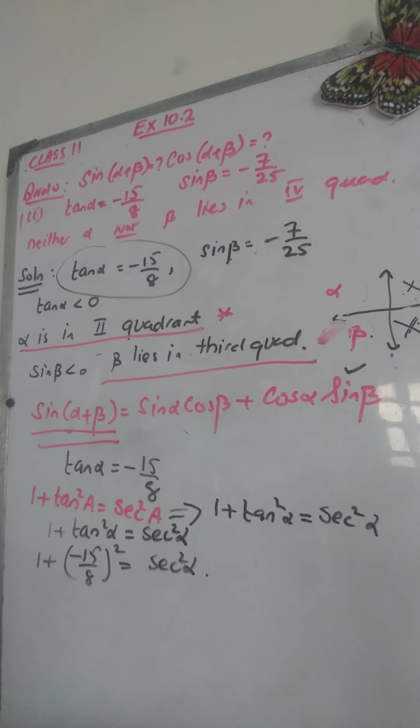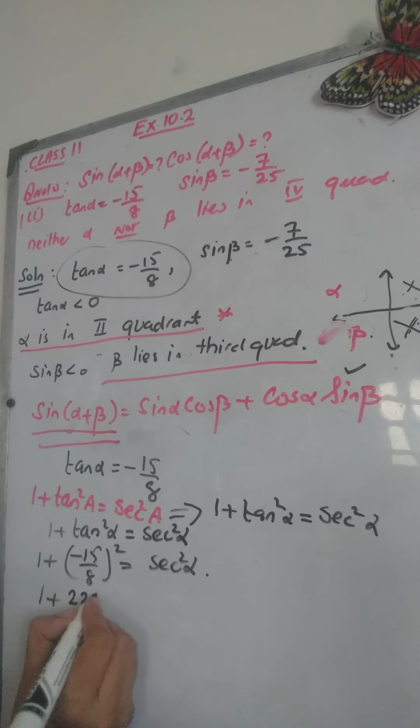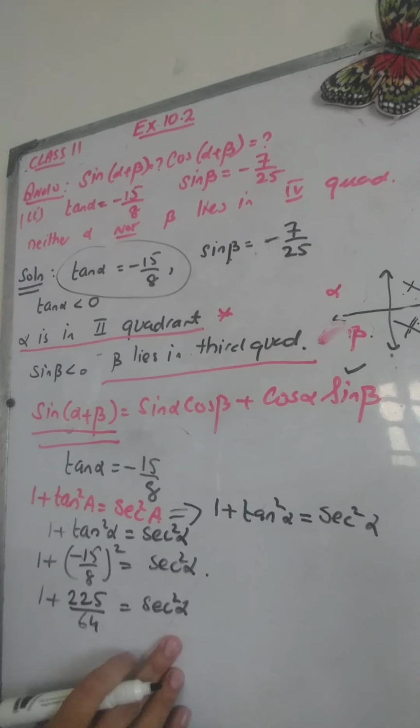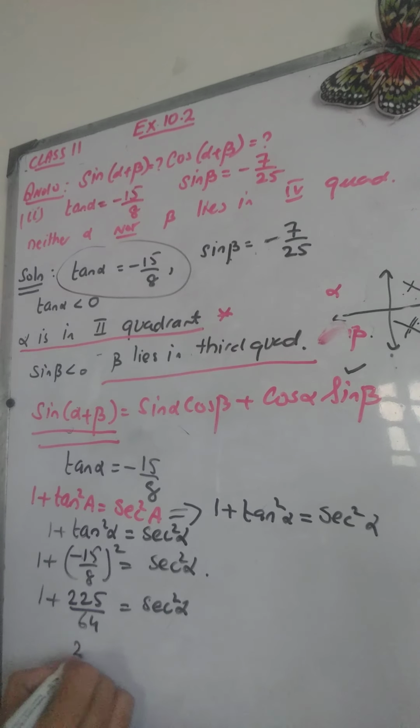Now calculating 15 by 8 square, 15 square is 225, so 1 plus 225 over 64 is equal to secant square alpha. Now adding these two, 1 plus 225 over 64, we have 289 over 64.